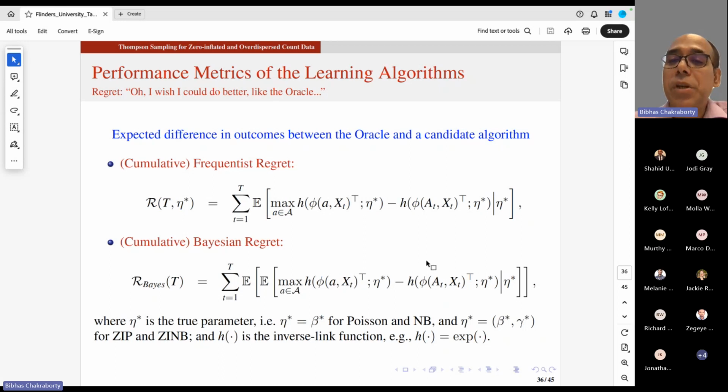This is operationalized by the expected difference in outcomes between the Oracle, who knows the true parameter values, and any candidate algorithm. That's what is quantified here with the equations. There are two versions. One is the frequentist regret, which is given a true parameter value, and a Bayesian regret, which averages over possible values of that true parameter, because it views those as random also.